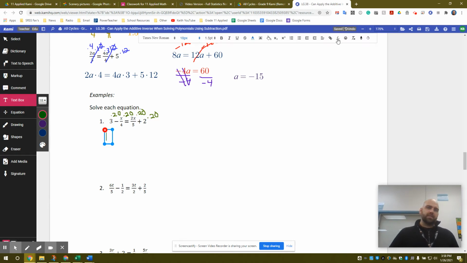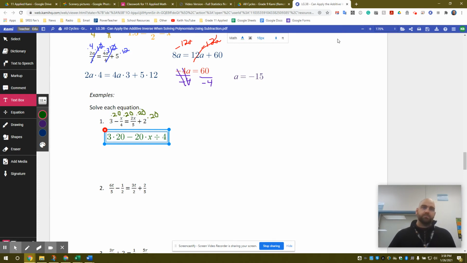What this is telling us here is it's going to be 3 times 20 minus, let's just switch that around here, 20 divided by 4 times x, and then it's going to be equal to 20 divided by 5 times x plus 2 times 20.